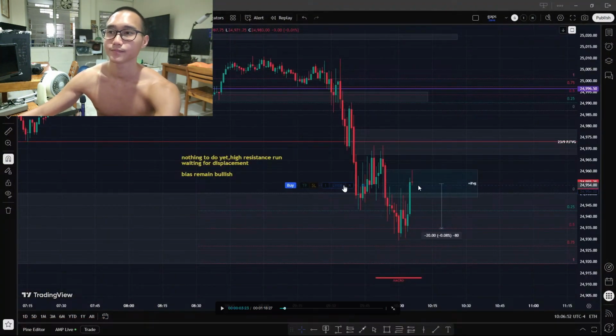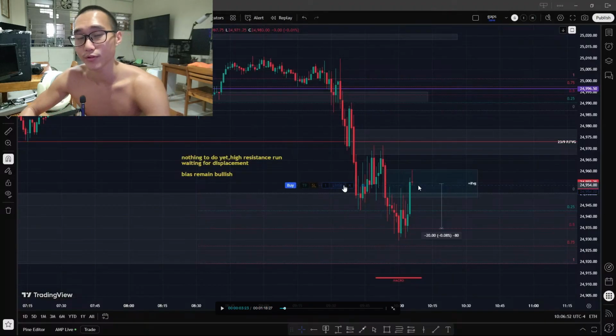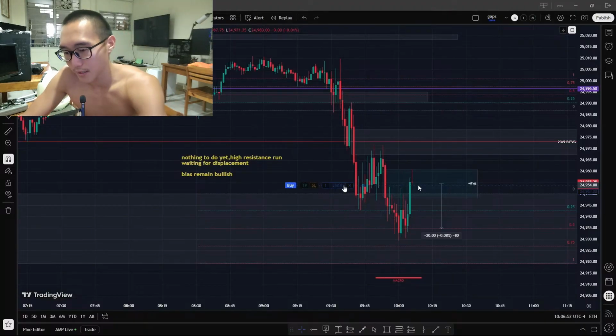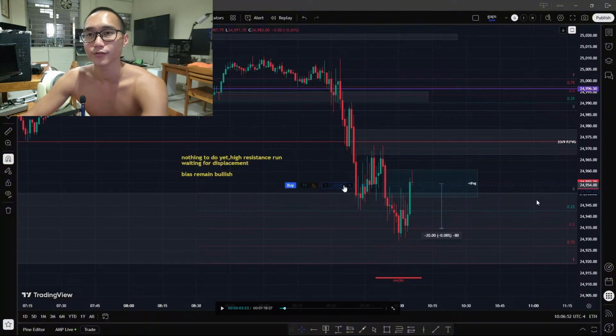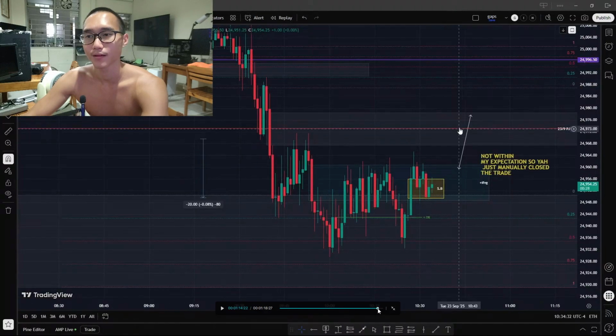That's why I just close the trade, because yeah, you can get lucky sometimes. Sometimes you can be just right about the direction, but price turns out to be a high resistance run, and suddenly it just pops up to your drawn liquidity. But those kind of trades are not the trades that I want to take.